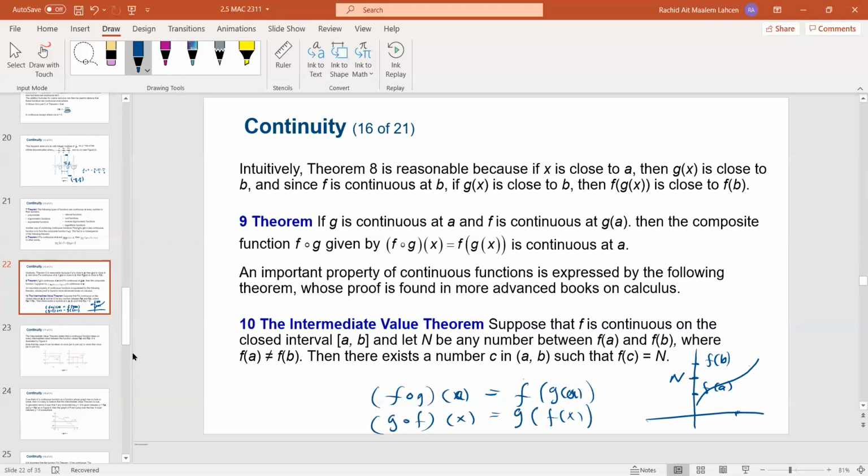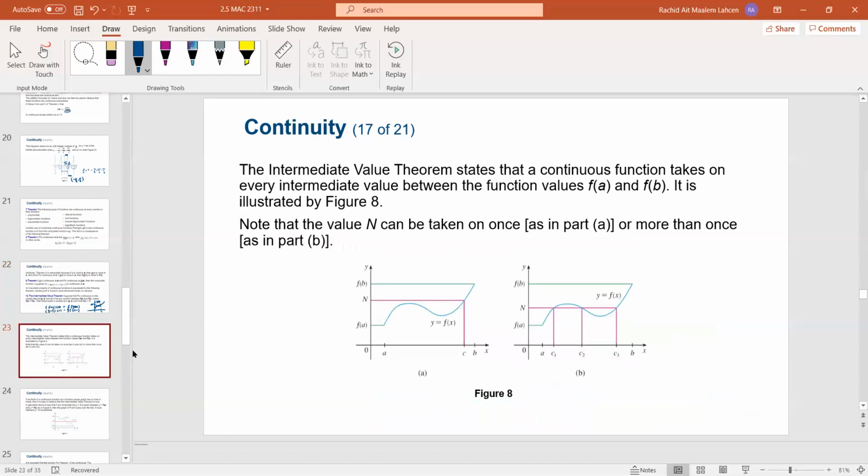Then there exists a C value in AB such that F of C equals N. So here is some pictures. Here is F of A, here is F of B, here is the interval AB. If N is between F of A and F of B, then it will project on the graph, and there is some C such that F of C equals N.